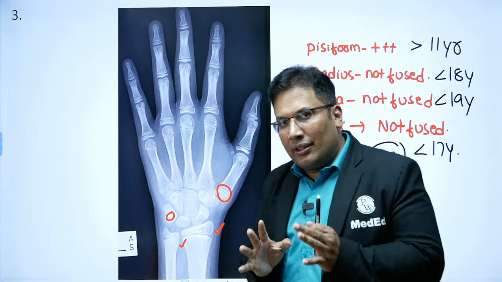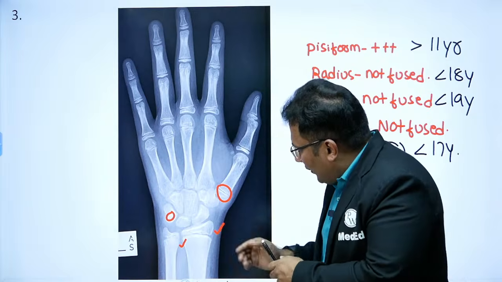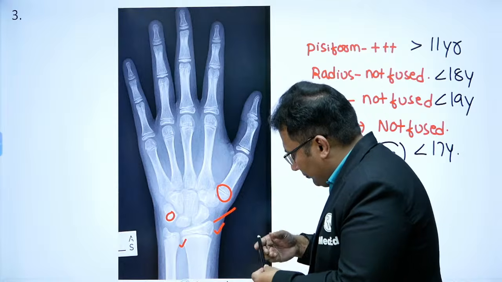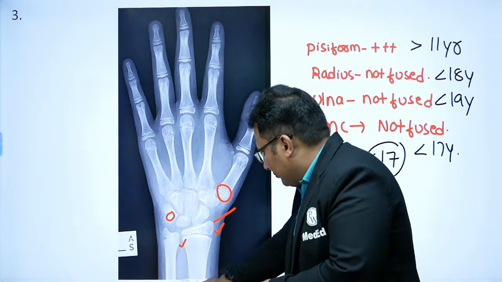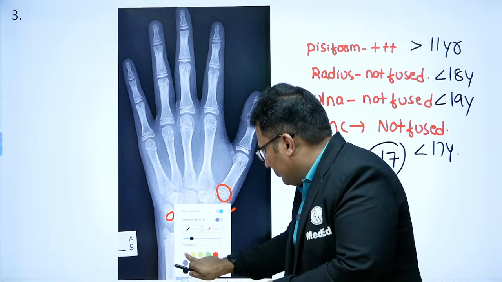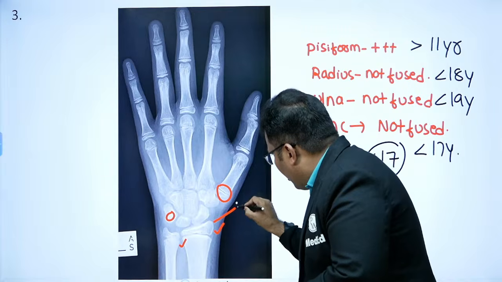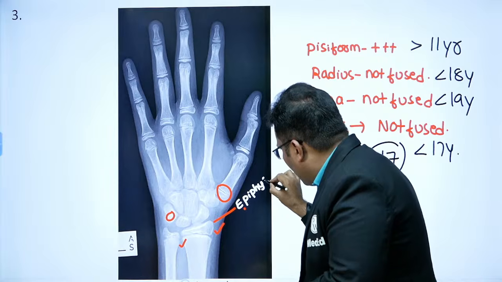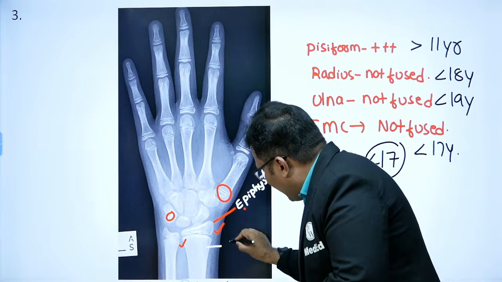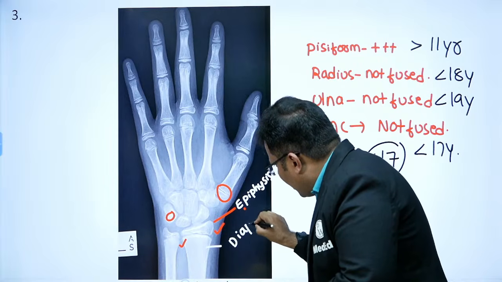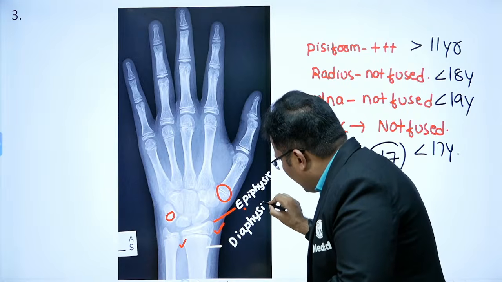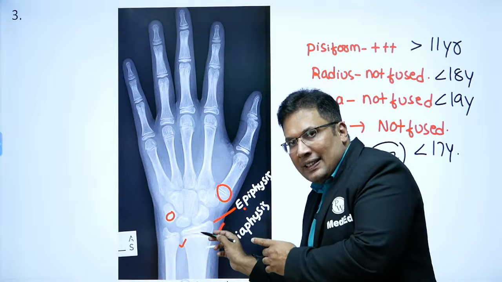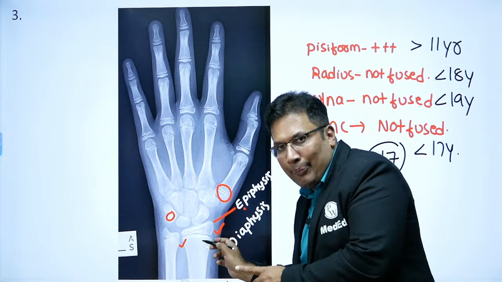Smaranya, look at this. What you can see here is the epiphysis. This is the diaphysis. Between the epiphysis and diaphysis, can you see the gap there?